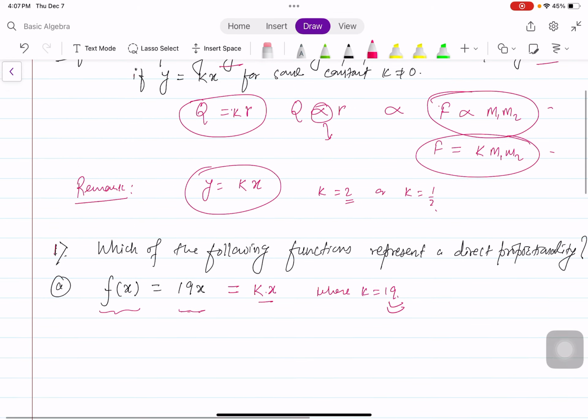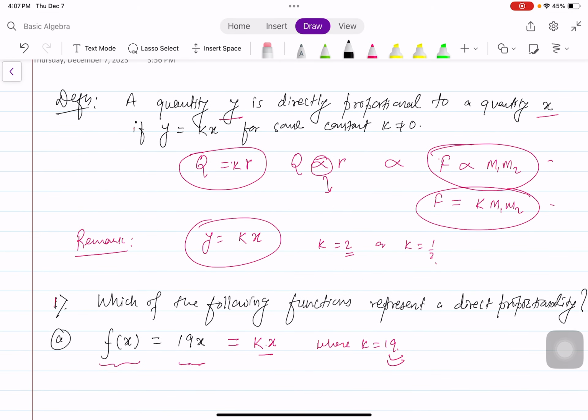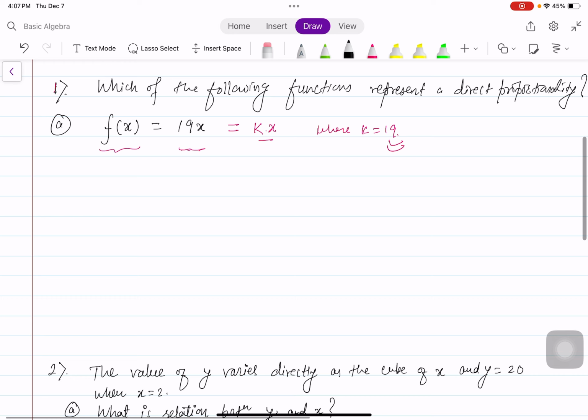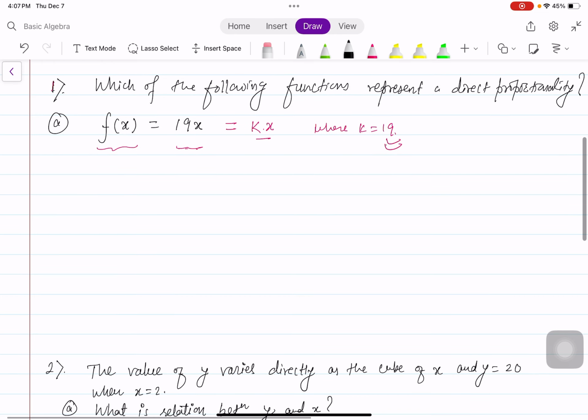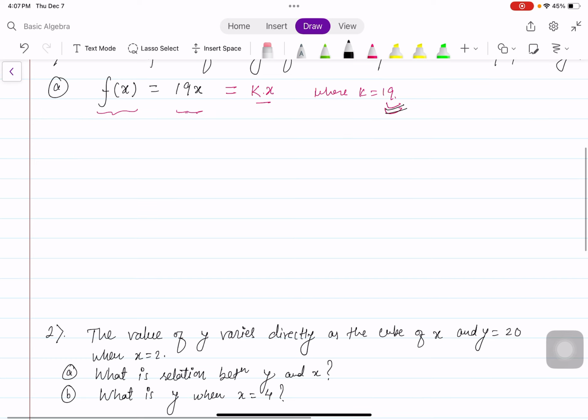I forgot to mention here, this constant k is called the constant of proportionality. So if we come back to the problem, k equals 19. In this case, the constant of proportionality is 19.